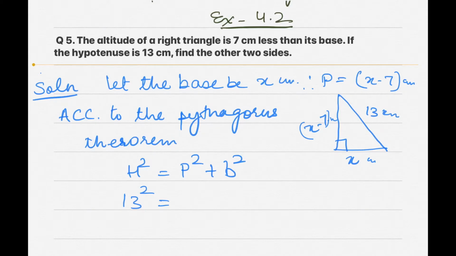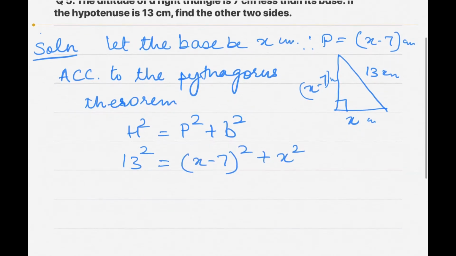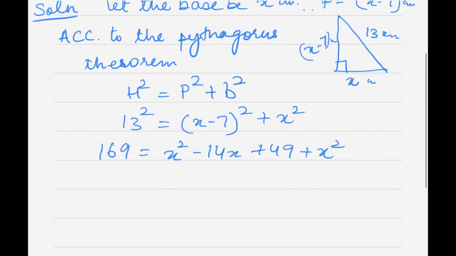So this is my diagram, and 13 square, so perpendicular is my x minus 7 whole square plus base is my x square. Now let's solve it. So 13 square is 169 and (a minus b) square I have to use, right? So that identity I can just say x square minus 14x plus 49 plus x square.